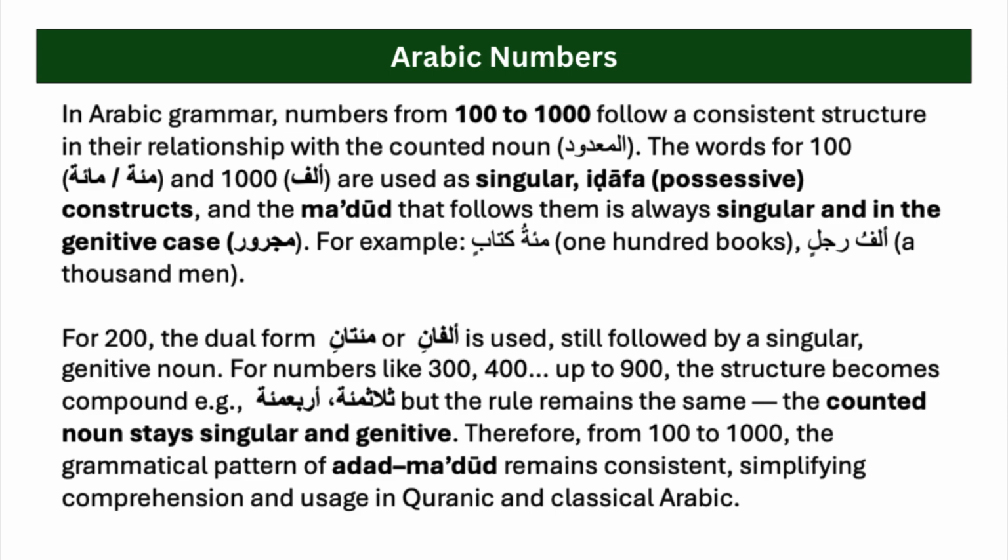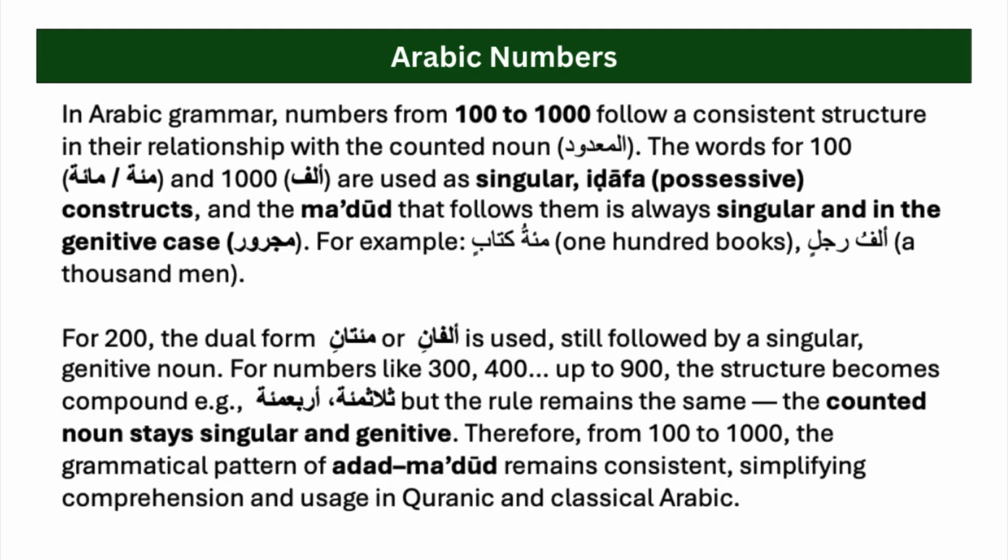Now let us summarize what we have studied so far. We have covered 3 major number systems. First, with 1 and 2, the number comes after the noun and agrees with it like a sifa. Second, with 3 to 10, the number comes before the noun. The madud becomes plural and mudaf ilayh, and the number is opposite in gender to the madud.